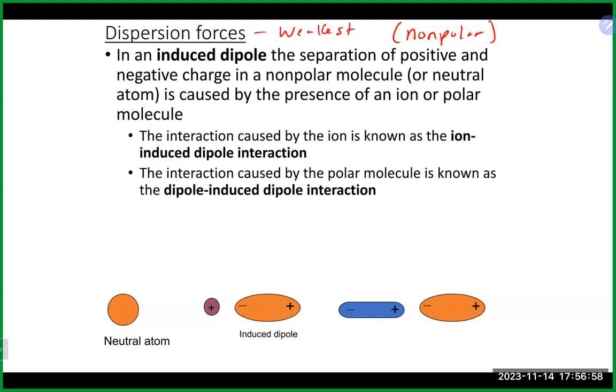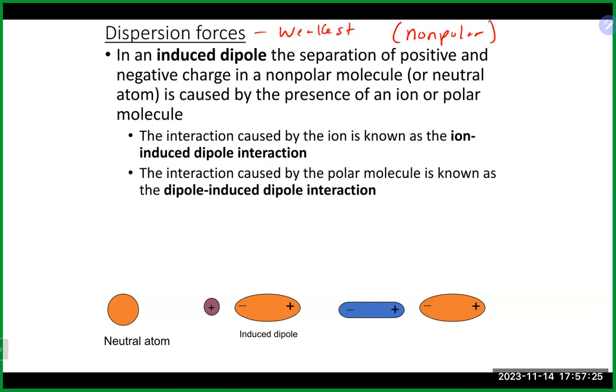So this is how nonpolar molecules work with other nonpolar molecules. We can make a dispersion force through several different types of interactions. But what makes them really weak is that they are typically temporary forces, and they have to rely upon something happening to give them the ability to interact.